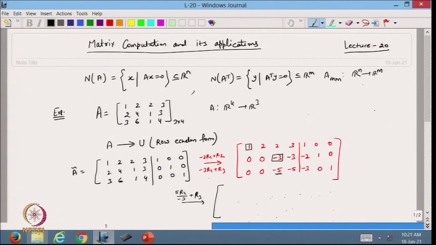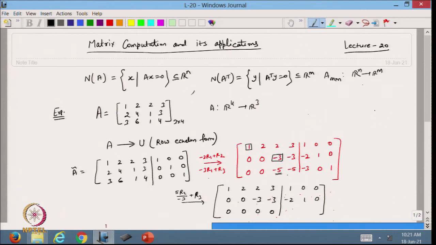So I will get 1, 2, 2, 3, and 1, 0, 0, and then 0, 0, minus 3, minus 3, and minus 2, 1, 0, and then here 0, 0, 0. This also becomes 0 because it is divided by minus 3, so it is 1, multiplied by 5, so minus 5 plus 5 is 0, the same here.